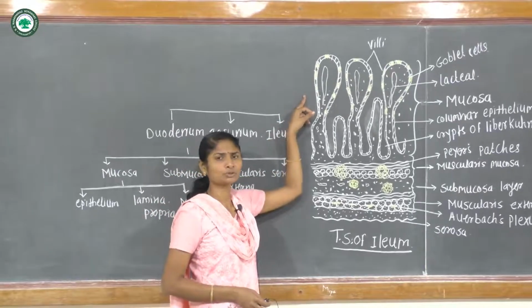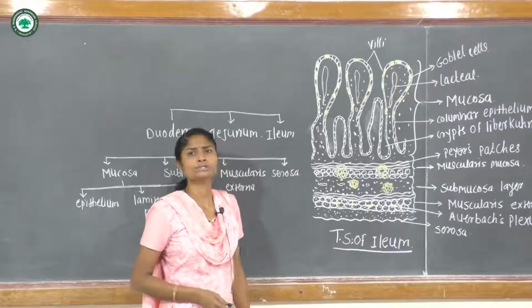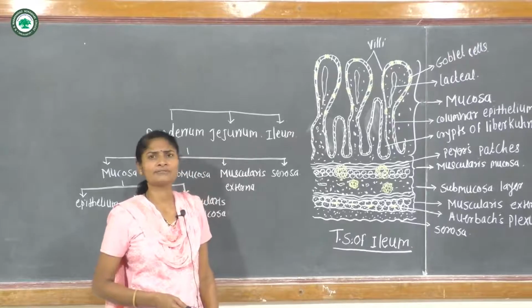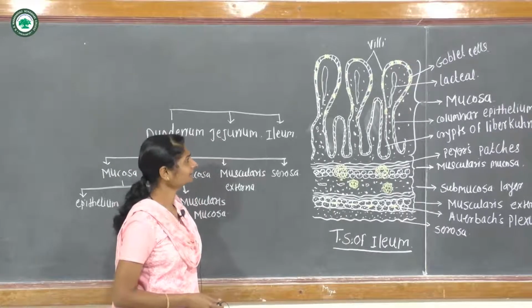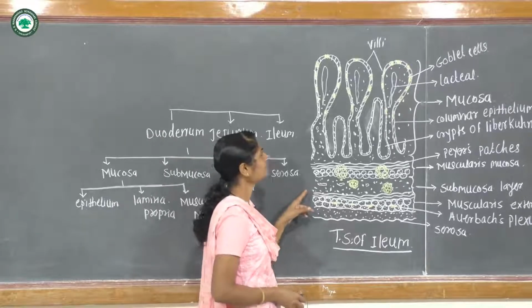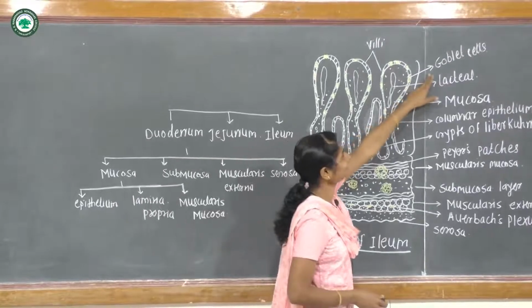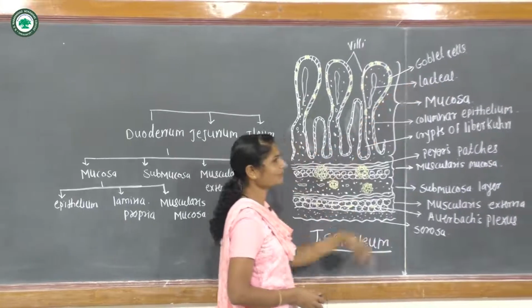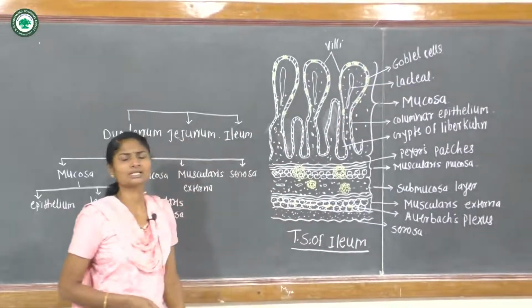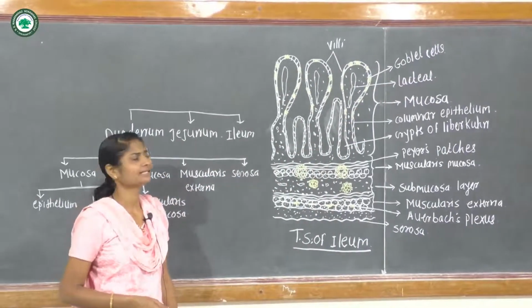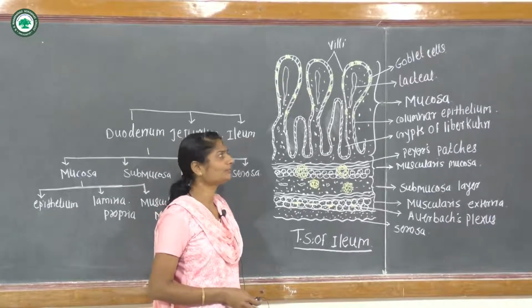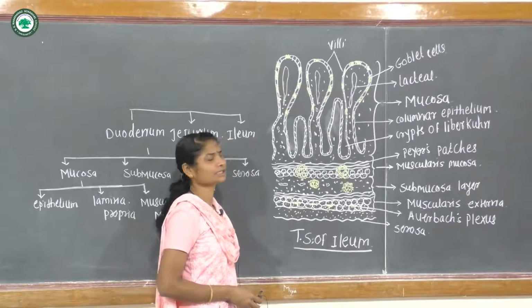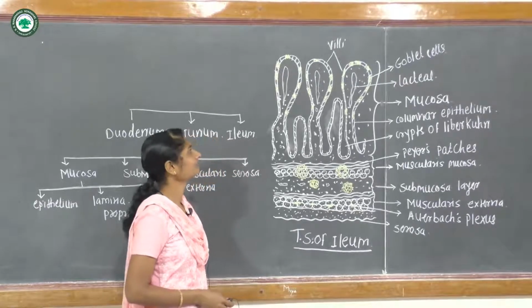These absorptive cells are responsible for absorption of nutrients. Again, this epithelium consists of goblet cells. These goblet cells are mucus secreting cells, and they are helpful for lubrication of the surface.